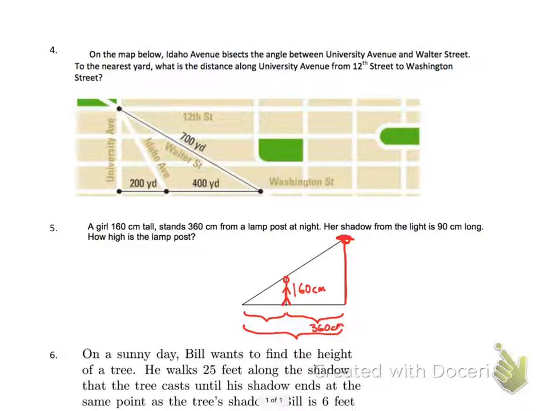All right, but let's focus on this problem again. She's 160 centimeters tall, we've got that. She stands 360 centimeters from a lamppost at night, we've got that. Her shadow from the light is 90 centimeters long. Where does that 90 go? Yeah, that small part here on the left. This is the 90 centimeters that her shadow is being cast by.